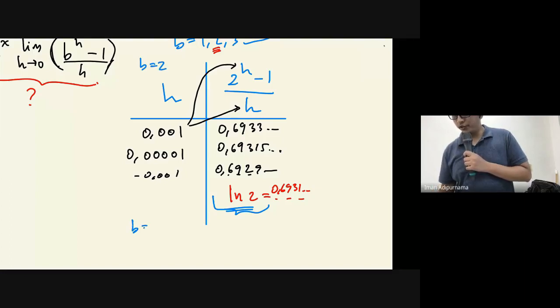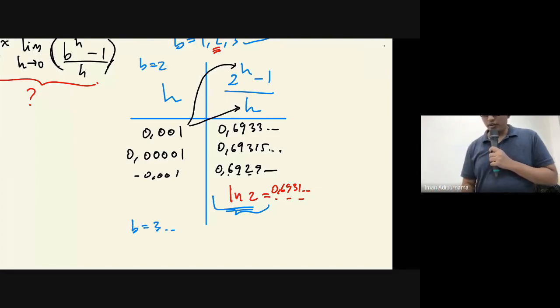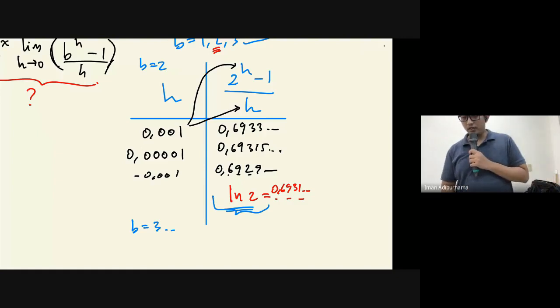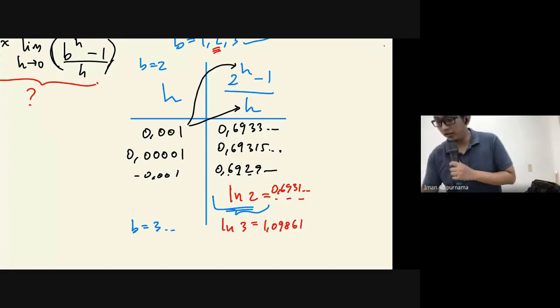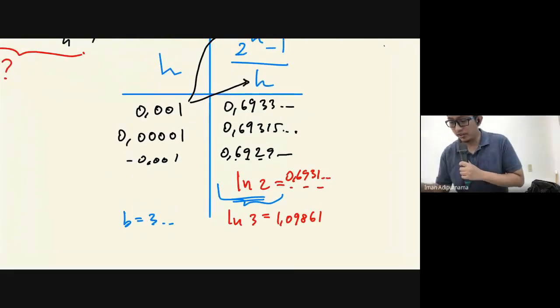So if b is 3, you can do the same thing. Okay. And you will get some number which is ln 3, which is around 1.0986. Okay, so this is just roughly proving.